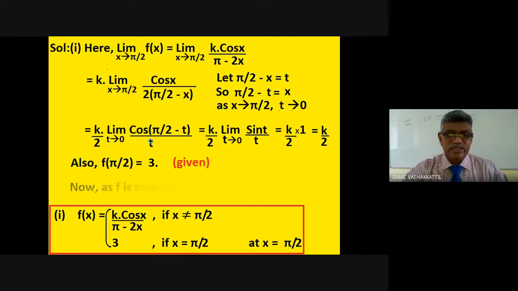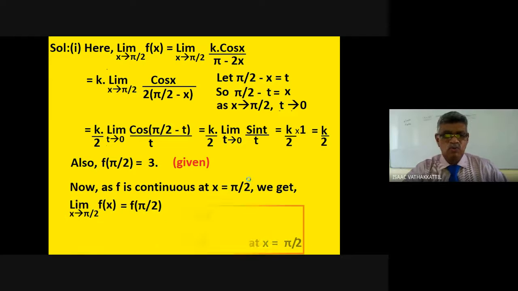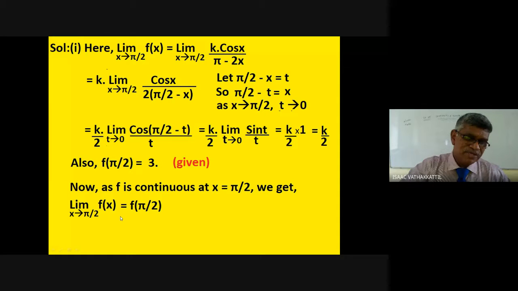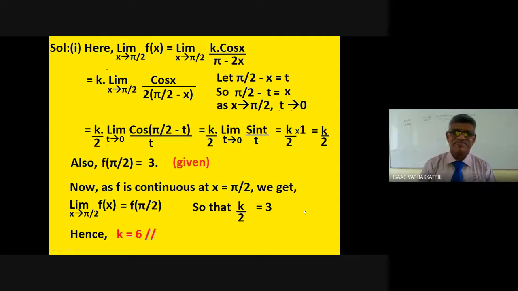Since f is continuous at x equal to pi by 2, limit x tends to pi by 2 of f(x) equals f of pi by 2. The limit is found here as k by 2, and f of pi by 2 is 3. So k by 2 equals 3, or k is equal to 6.